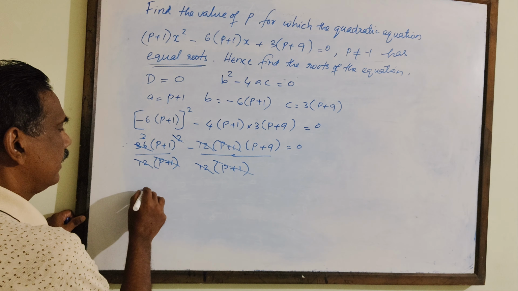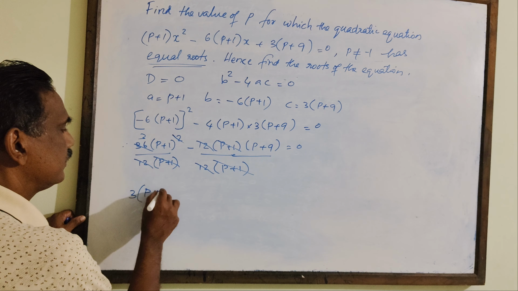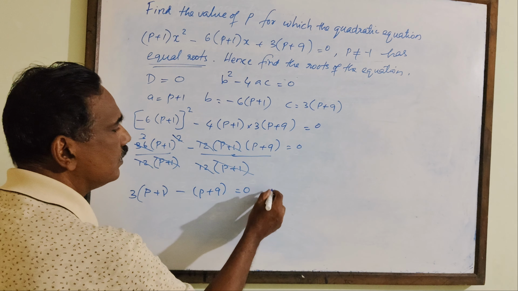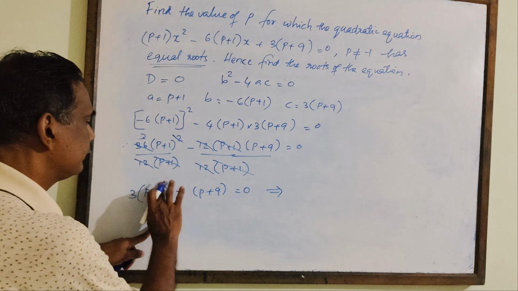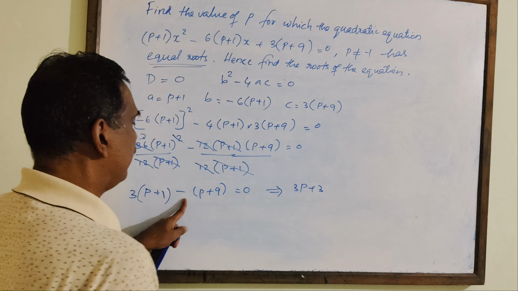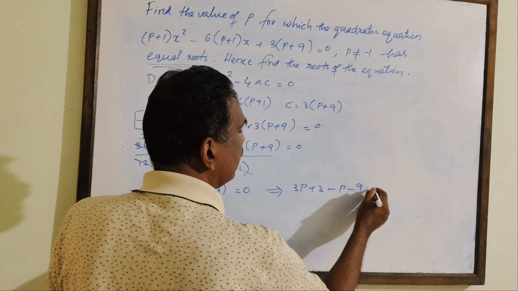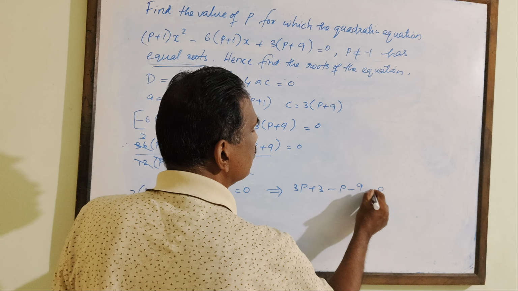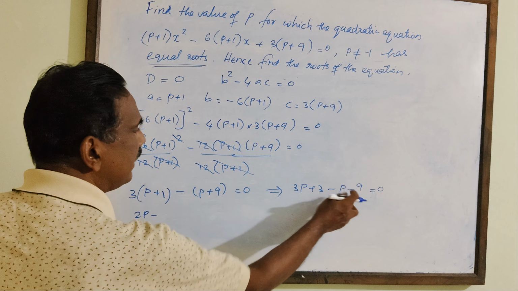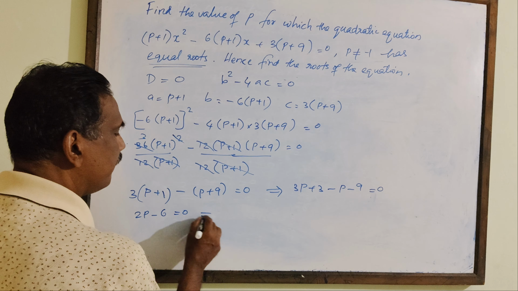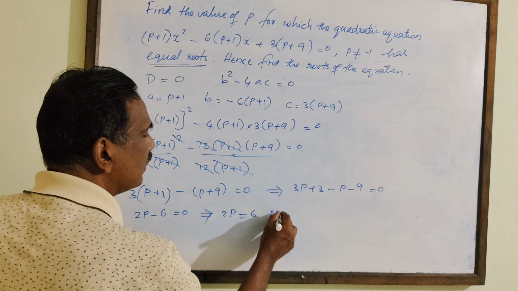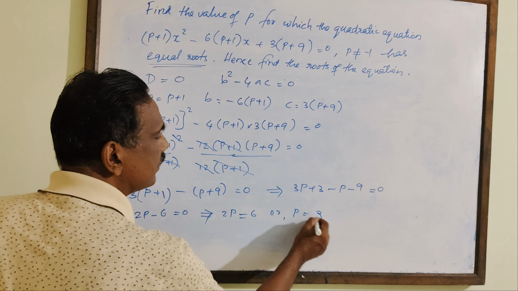And the equation becomes 3 into p plus 1 minus p plus 9 equal to 0, which means opening 3 into p plus 1, 3p plus 3 minus p minus 9 equal to 0. 3p minus p becomes 2p plus 3 minus 9 becomes minus 6 equal to 0, which means 2p equal to 6 or p equal to 6 divided by 2, that is equal to 3.